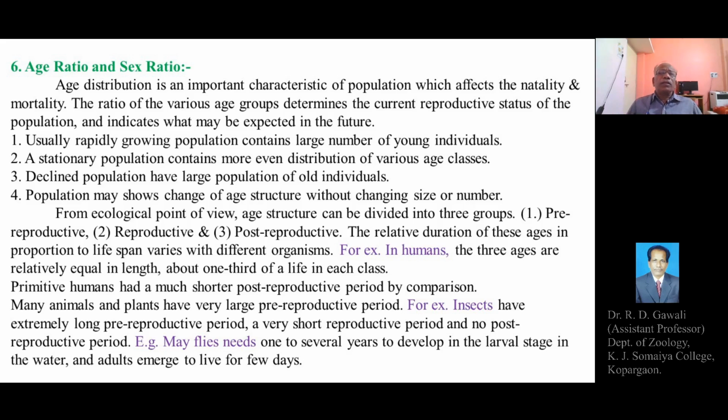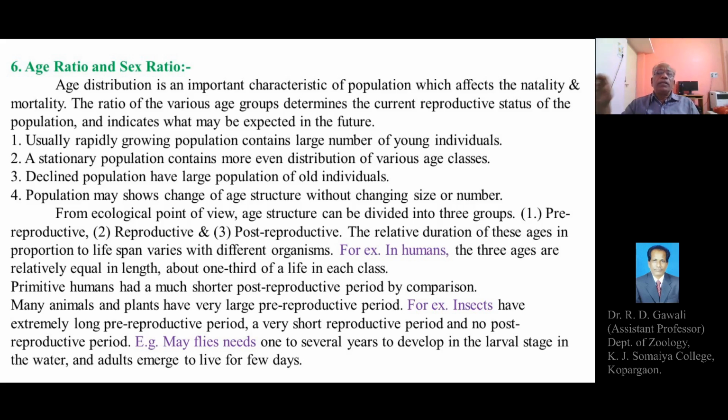Thirdly, a declining population has a large number of old individuals. Declining population means the number of individuals in a population is decreasing. So the population will have a large number of old animals which are at the stage of death.